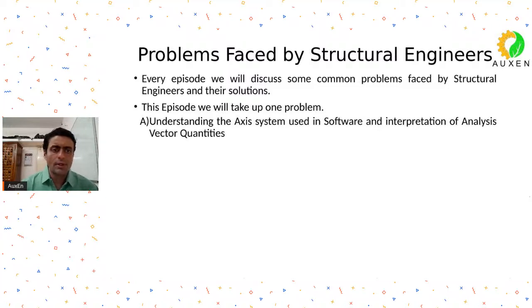They are not able to understand what is M22, what is M11, what is V13, what is V23, how to understand the axis of bending, how to understand the direction of bending. All these issues are quite often faced by many of us. So we thought this was a good problem to discuss this time.